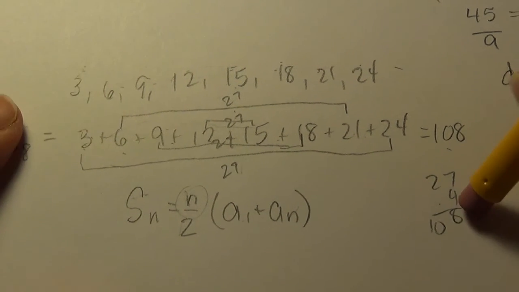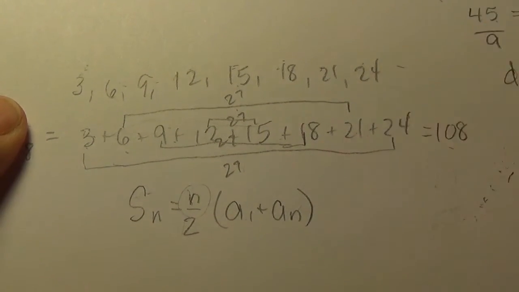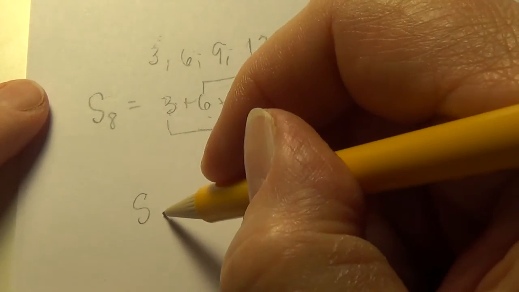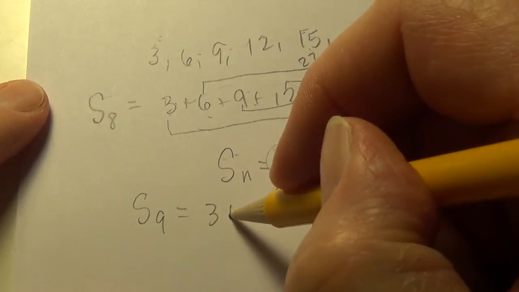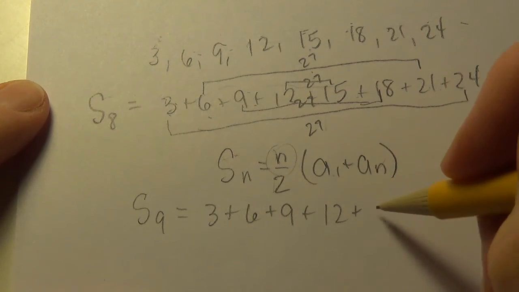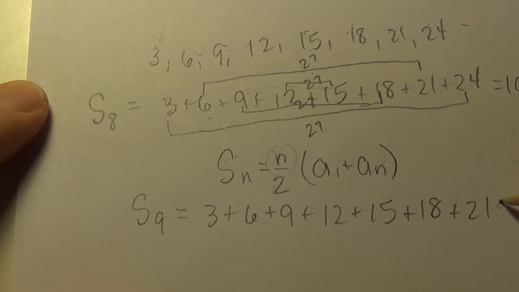Yeah, all right, 108. So let's go ahead then and try it if n is 9. So instead of the first 8 terms, I end up with the first 9. And I'm going to leave that for your verification or not.